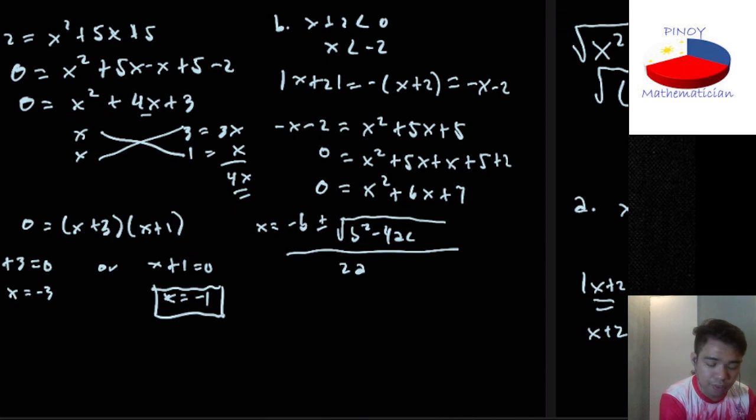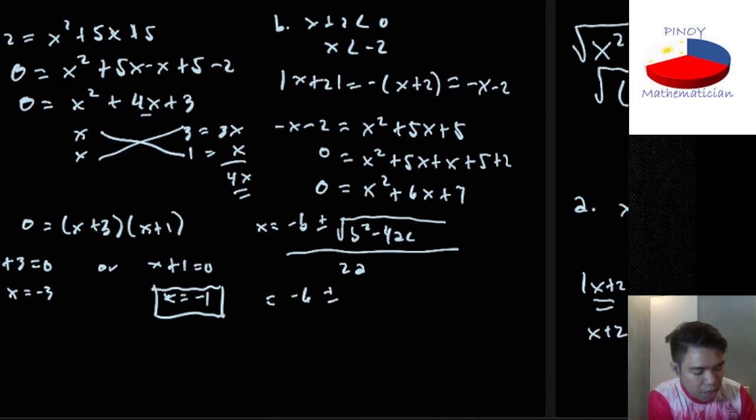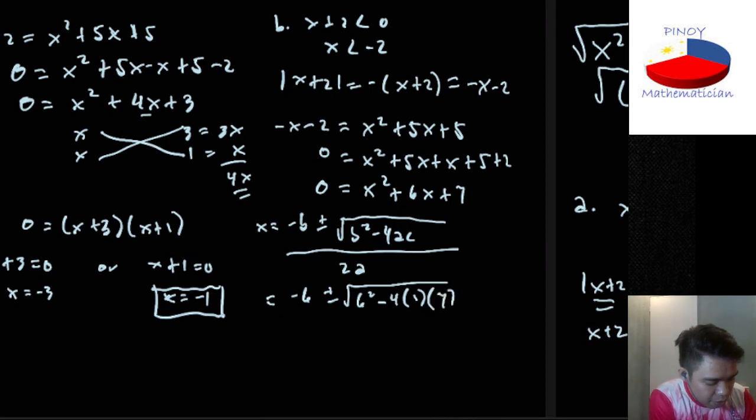So our b here is 6, so it's going to be negative 6 plus and minus the square root of 6 squared minus 4 times 1, which is the a, and the c is 7, all over 2 times 1.